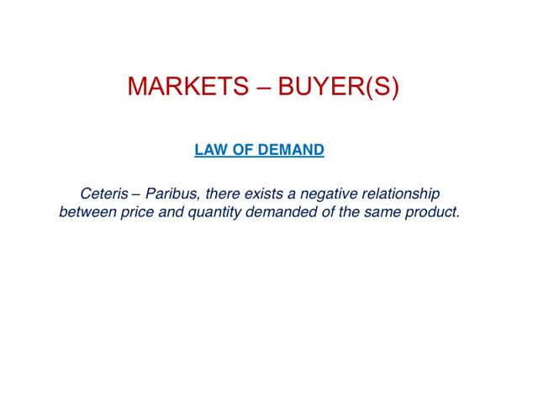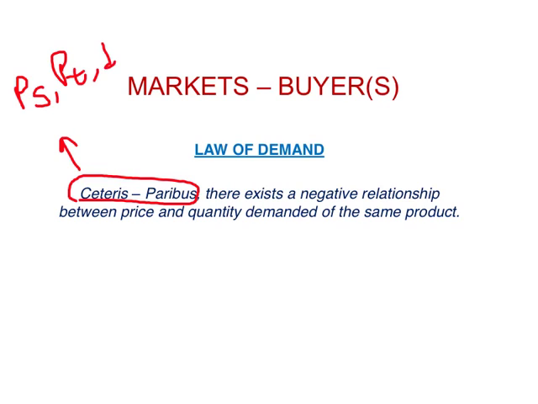And what is the law of demand? Now we are in a position to state this formally, and that is ceteris paribus, holding all other variables as constant. What variables are we holding as constant? We are holding price of sugar, price of tea, income, and tastes and preferences as constant.